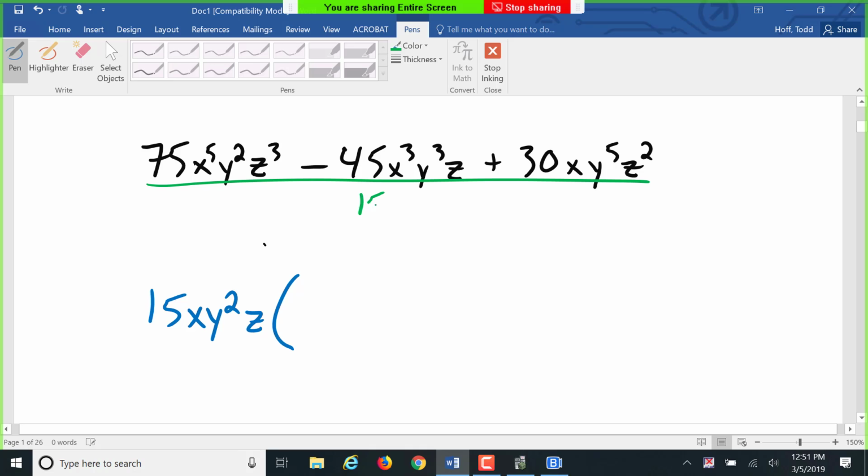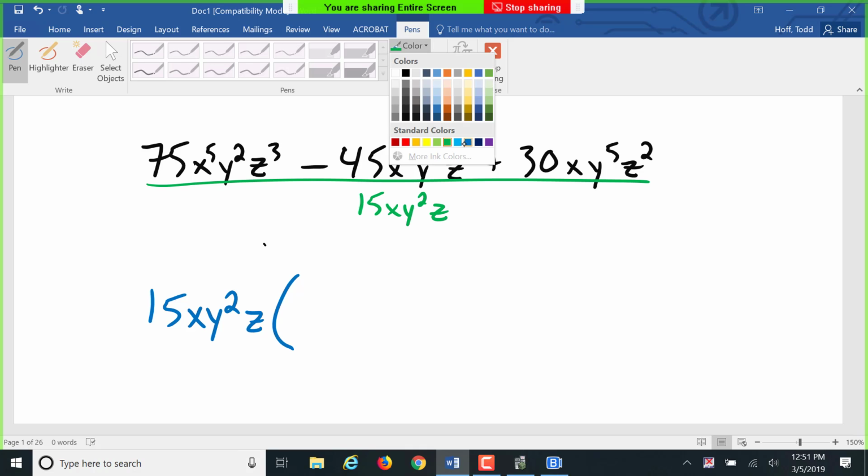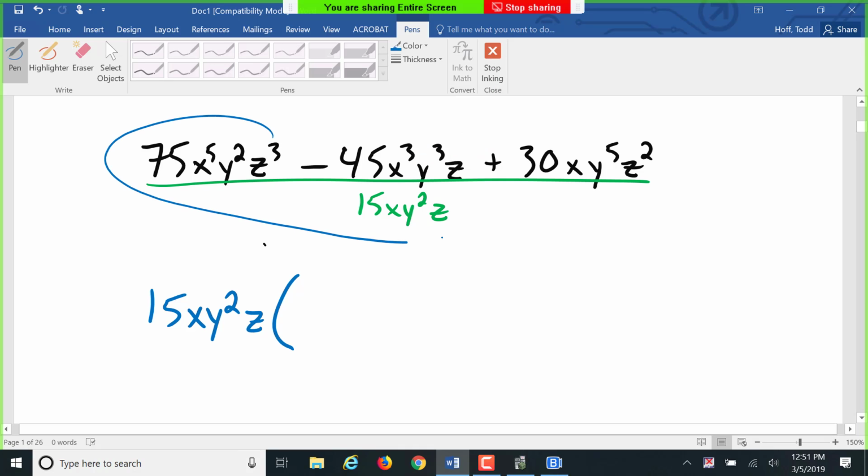So now I have to divide out that 15xy squared z. So 75 divided by 15, what's that going to give us? 5, and then what's up with the variables? Careful. The y divides out, but we still have z squared. Good.